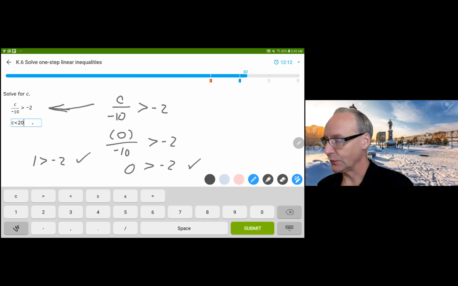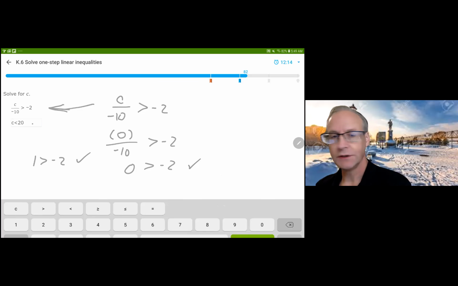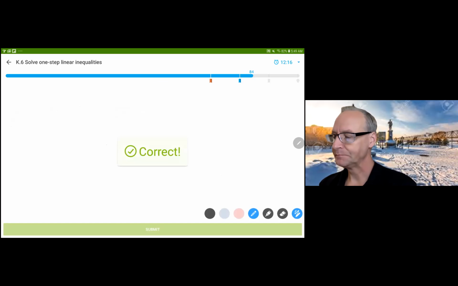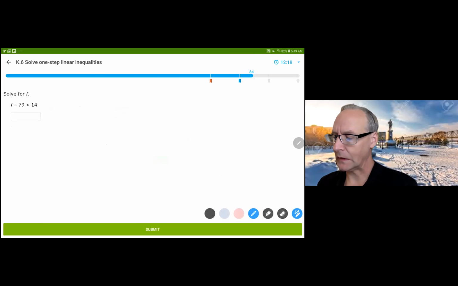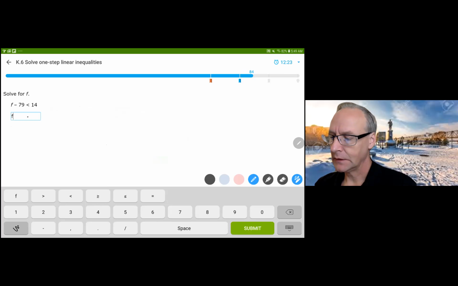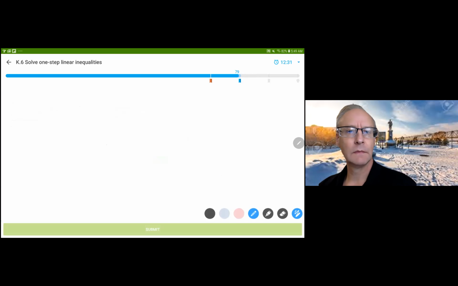Anyway, just a way to check them, and you can check your solutions that way. I'm going to move right along now. We get F is less than, and I'm going to add 79 to both sides and get 90. And we are done.